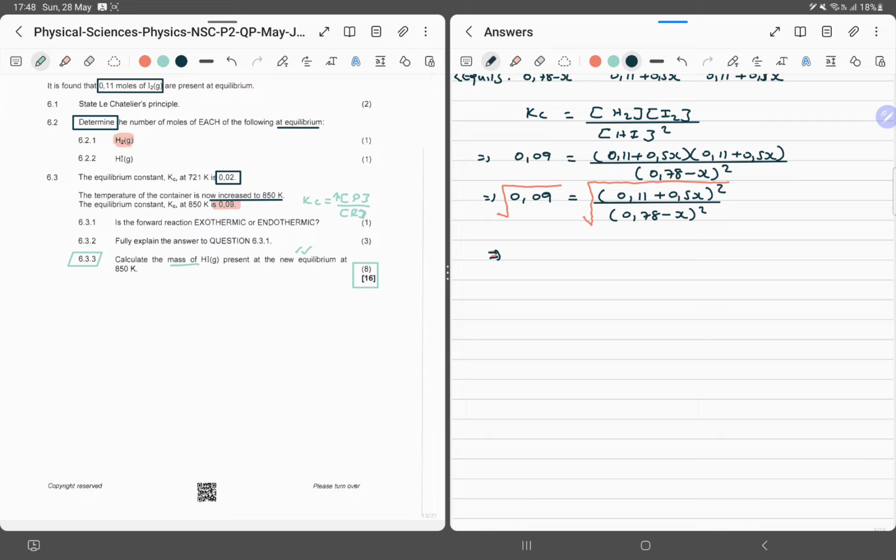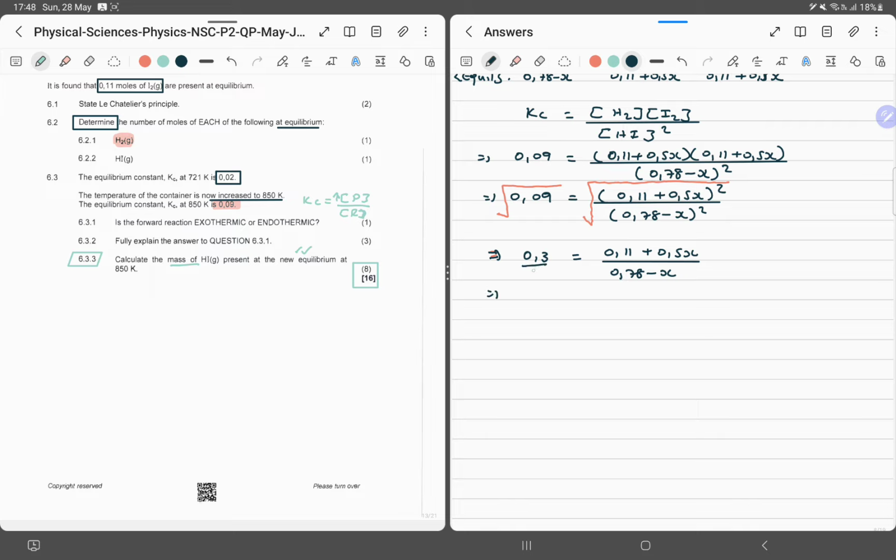So now the square root of 0.09 is 0.3 equals, this is going to be 0.11 plus 0.5x over 0.78 minus x. Okay, not a problem.